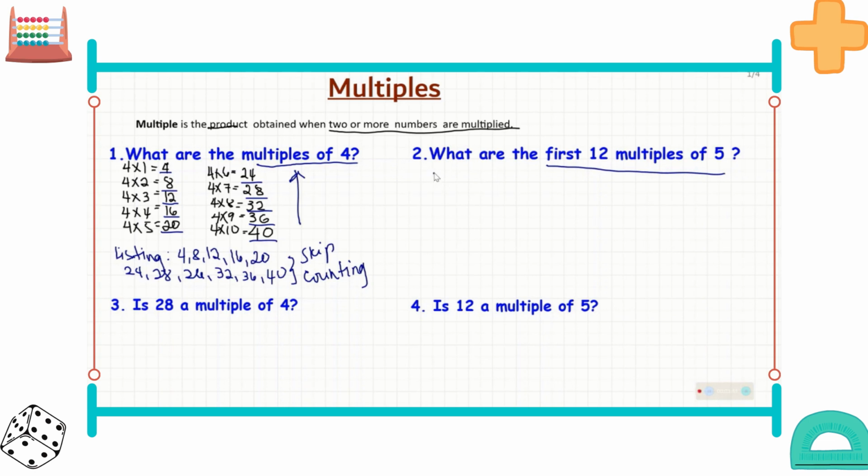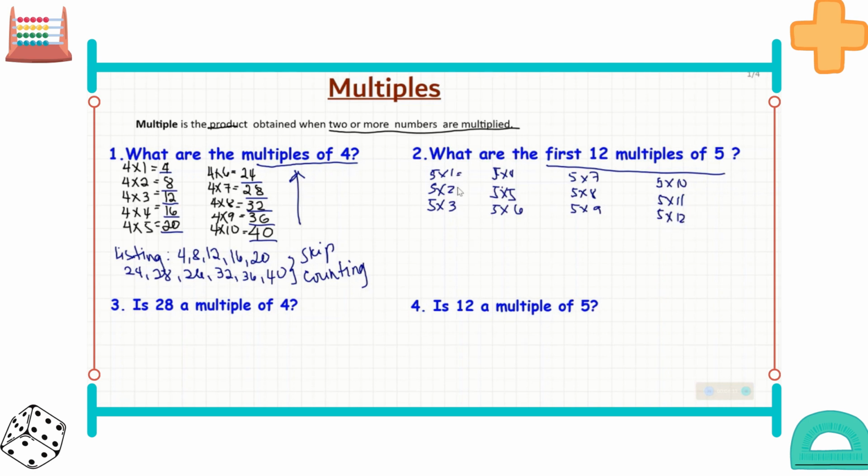So that will be 5 times 1, 5 times 2, 5 times 3, 5 times 4, 5 times 5, 5 times 6, 5 times 7, 5 times 8, 5 times 9, 5 times 10, 5 times 11, and 5 times 12.